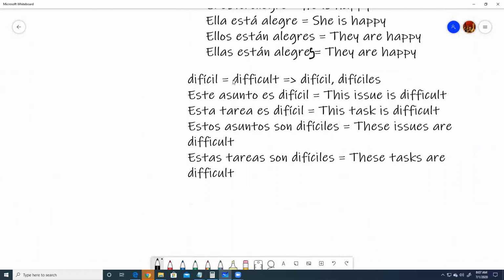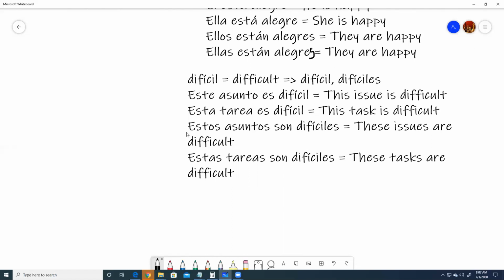And then again, because it's ending in a consonant, you only have the singular and the plural. Difícil, difíciles. Este asunto es difícil. This issue is difficult. That is masculine. Asunto is masculine. Esta tarea es difícil. This task is difficult. Tarea is feminine.